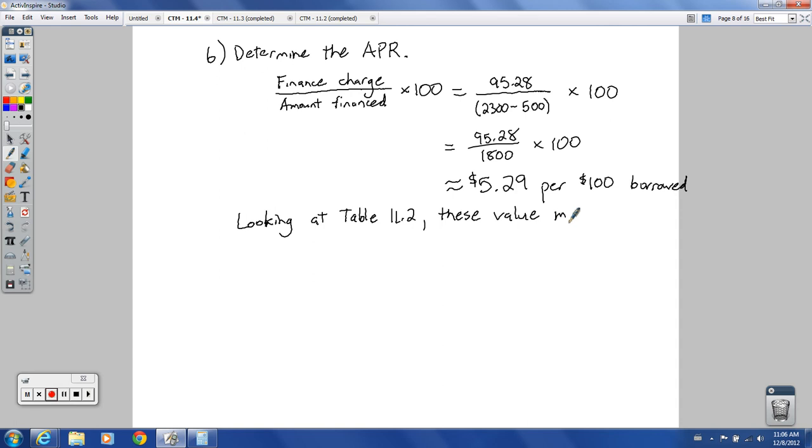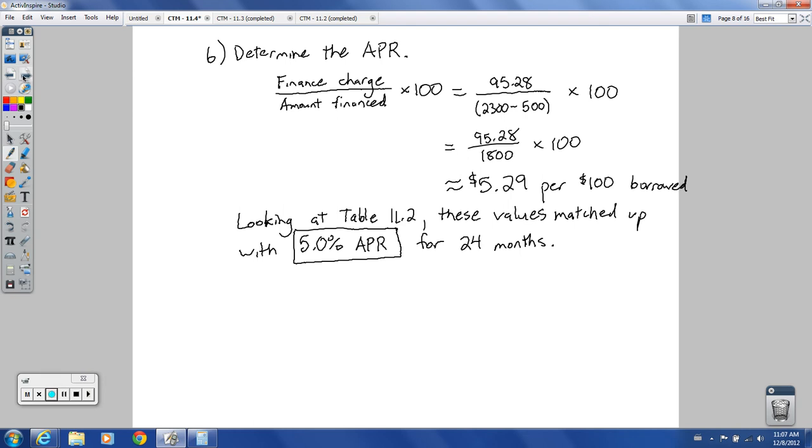These values matched up with 5.0% APR. We'll say for 24 months, because that's the number of installment payments that we had. Okay, so that's example 2.